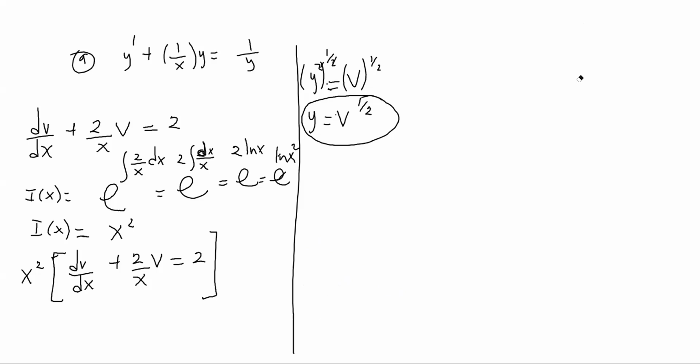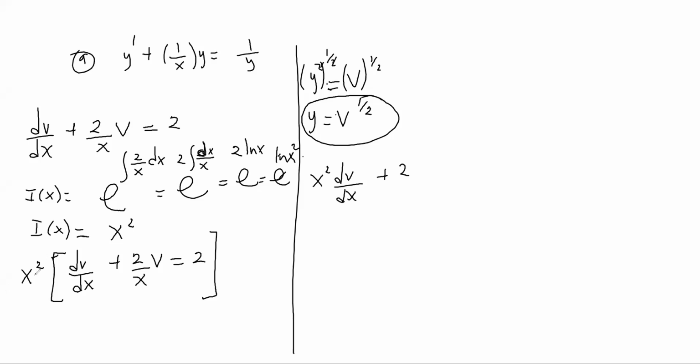I have tutorials. Okay, so now I'm going to multiply this x squared times this term. I will have x squared dv by dx plus, now x squared times this x will cancel one of these x.